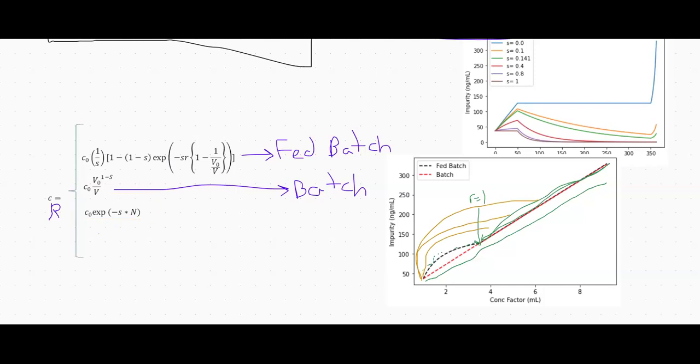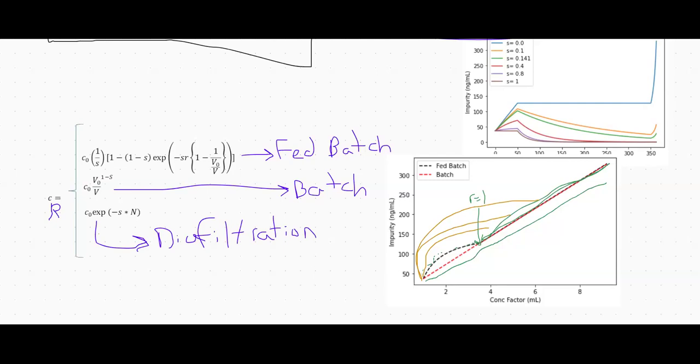This is for diafiltration. So in diafiltration, you're effectively adding, it's like fed batch, but instead of adding a liquid or volume that has more product in it, you're adding just buffer.